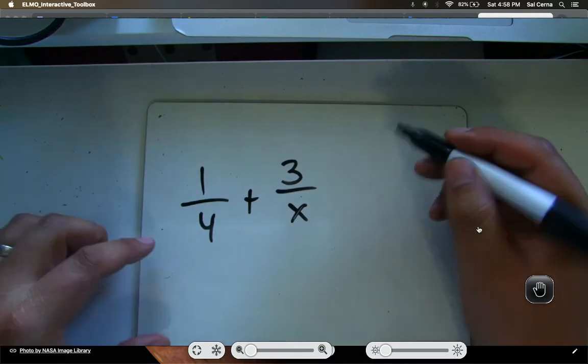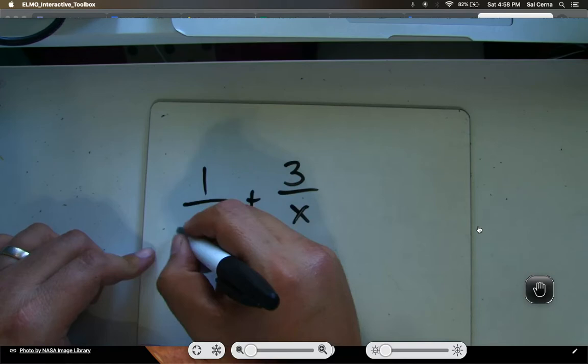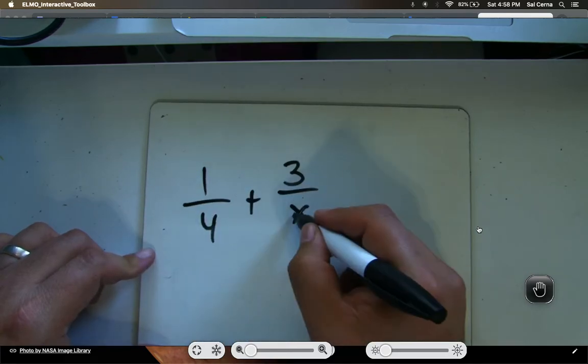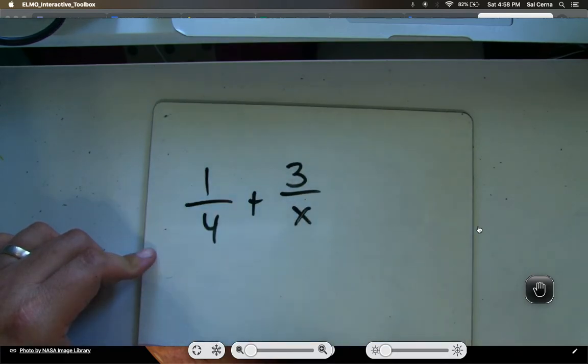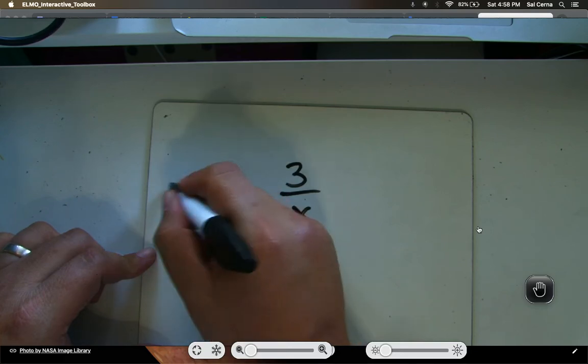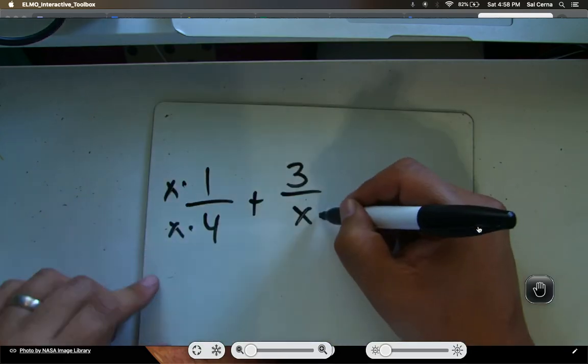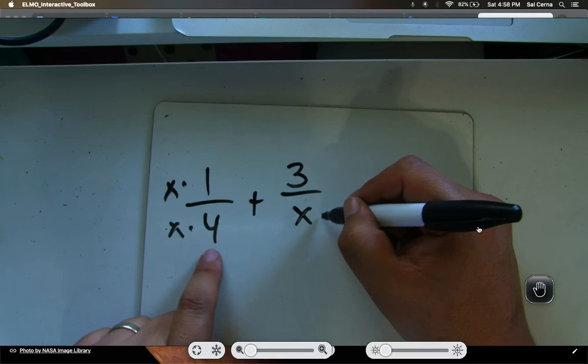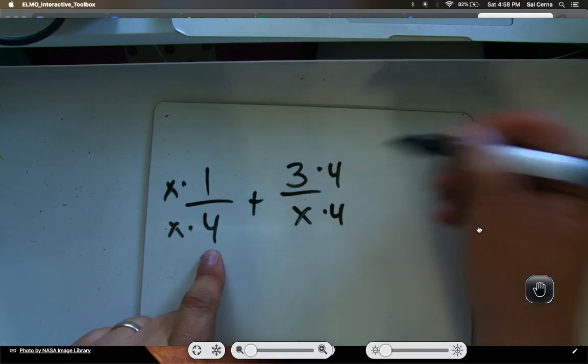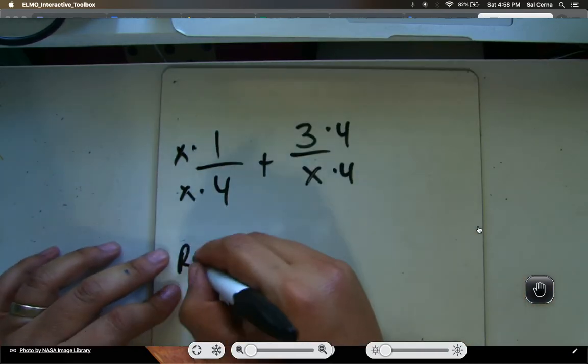So what am I going to do? I'm going to multiply the numerator and denominator by this term, and I'm going to multiply this denominator by this term right here. I rewrite my answer.